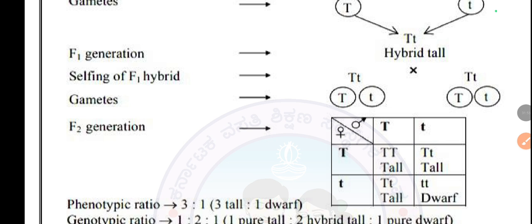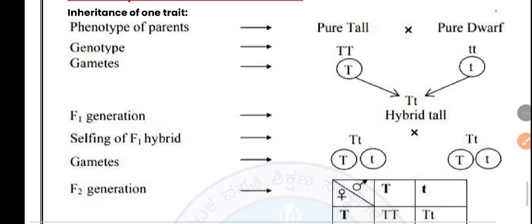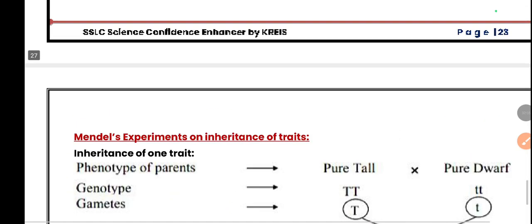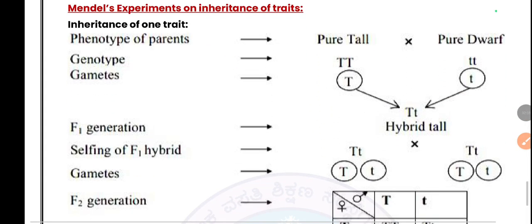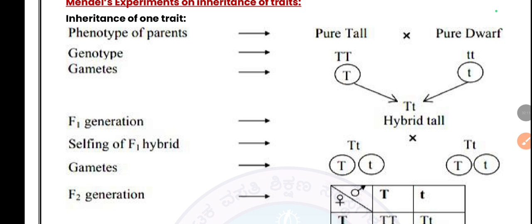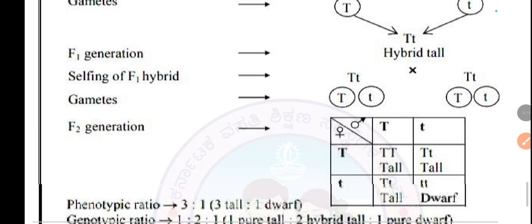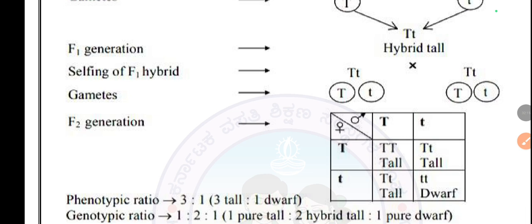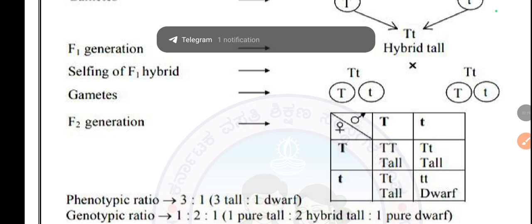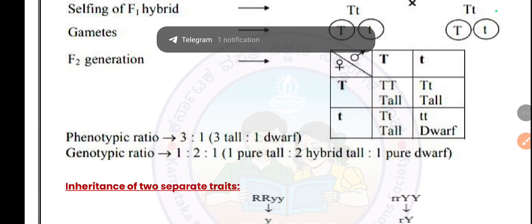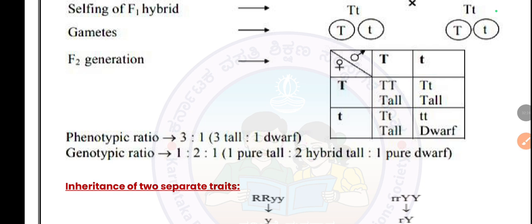In the F1 generation we get all tall hybrid plants. Then in the F2 generation we get four types of plants: a pure tall, two impure tall, and one dwarf. That's why the phenotypic ratio is 3:1, 3 tall, 1 dwarf. And the genotypic ratio is 1:2:1, 1 pure tall, 2 hybrid tall, 1 pure dwarf.